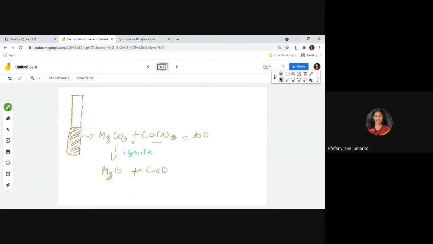If you are not given the grams, you will always assume 100 grams. So the total of the magnesium carbonate and the calcium carbonate in the sample is 100 grams. Then over na din siya sa imong water kay aqueous solution.